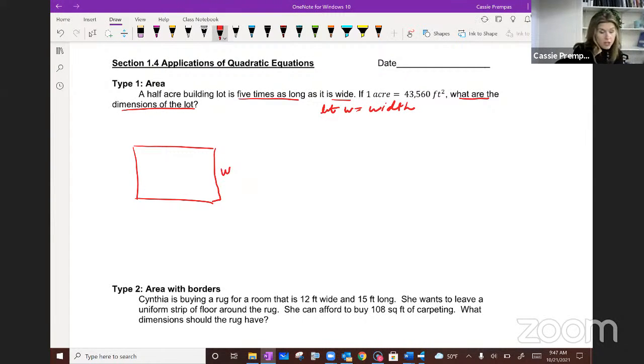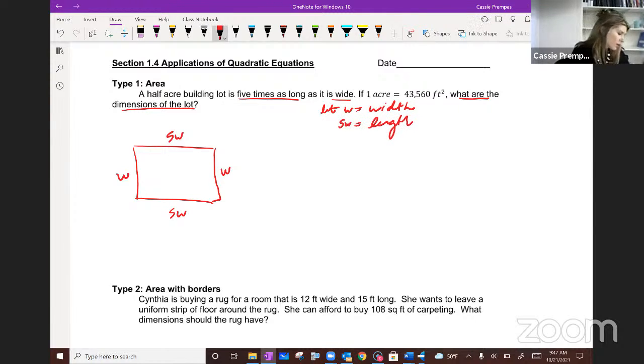We know from geometry that opposite sides are congruent. So this would also be W. And then it says it's 5 times as long as it is wide. So if I'm looking at the length, then the length would be 5 times W. So 5 times W, and that's 5 times W. So W equals the width, and then 5 times W would equal the length.